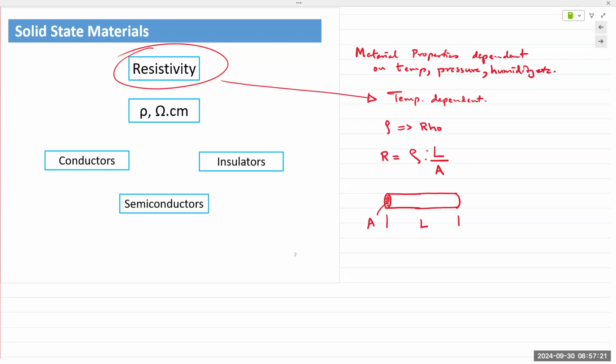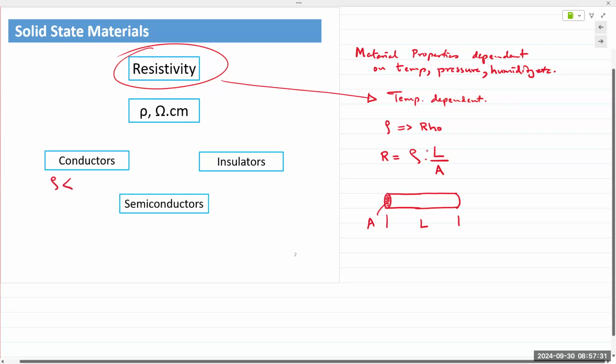And based on the resistivity, we broadly classify three types of materials: conductors, semiconductors, and insulators. Conductors have rho typically less than 10 raised to minus 3. Insulators somewhere greater than 10 raised to 5. And semiconductors are somewhere in the middle.